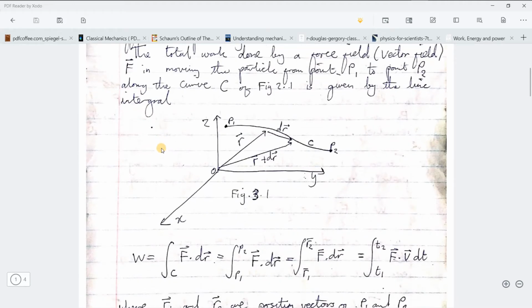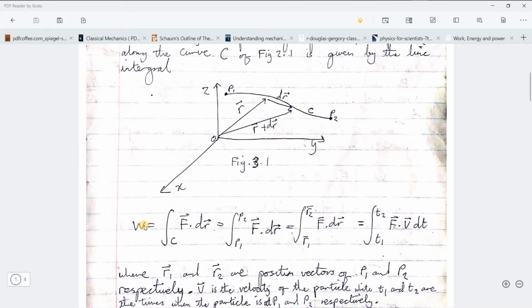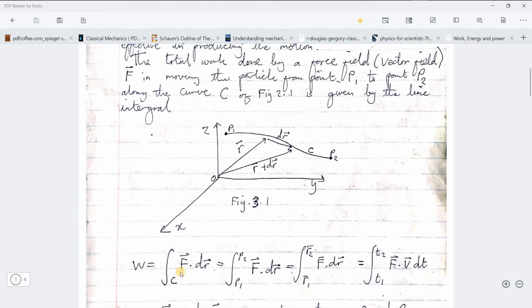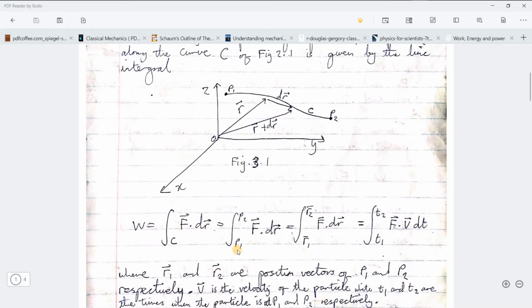Here we're saying that the work done by this force F in moving a particle from point P1 to point P2 is given by the integral of F dot dr from r1 to r2, which is practically from initial position to final position.